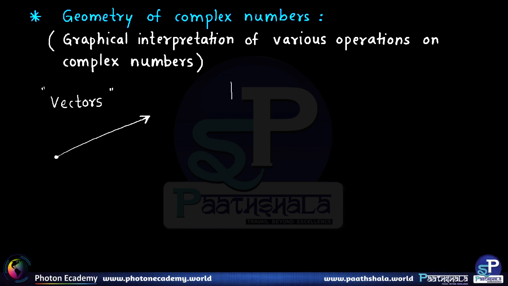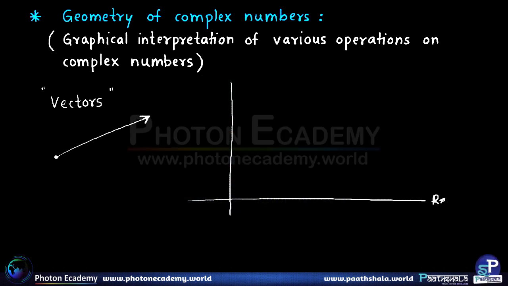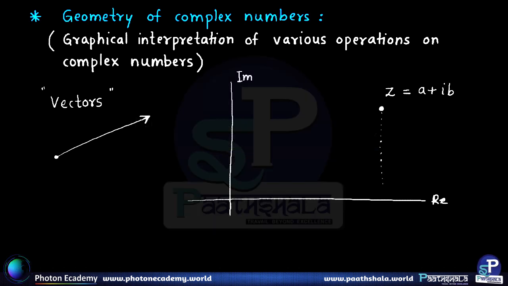So that means if we just think of the complex plane, that is the real axis and imaginary axis, and if we think of some complex number, say z, given by a plus ib, so we know that a is nothing but the real part of the complex number and b is nothing but the imaginary part.